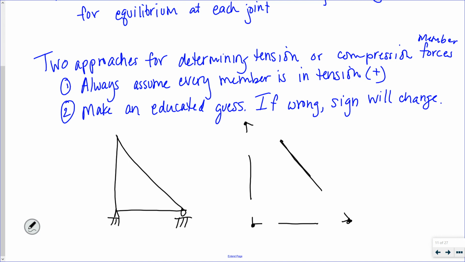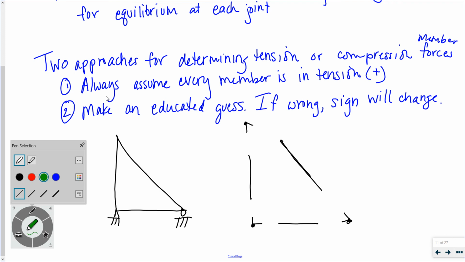If I call this A, B, and C, and I want to assume everything's in tension, I have to draw it in tension.